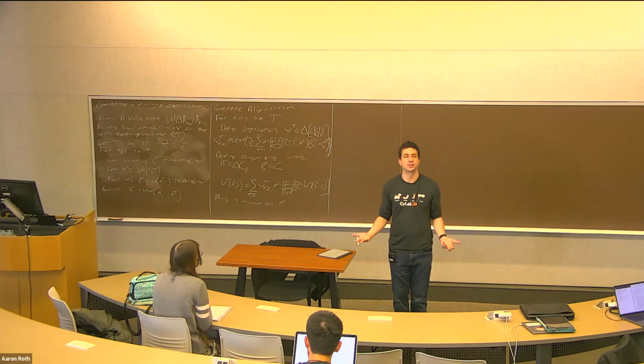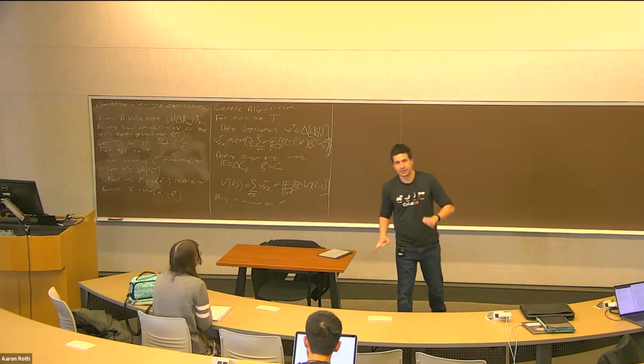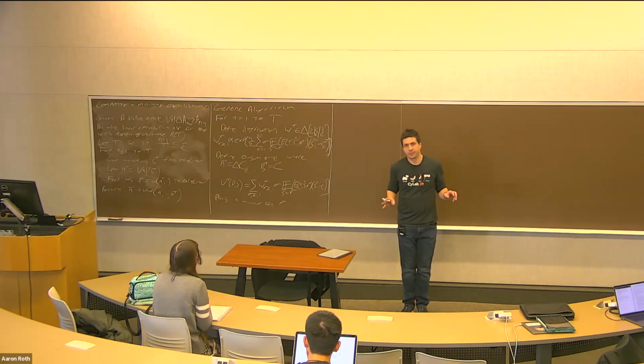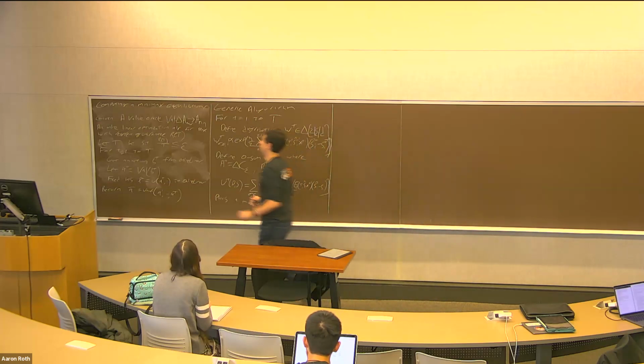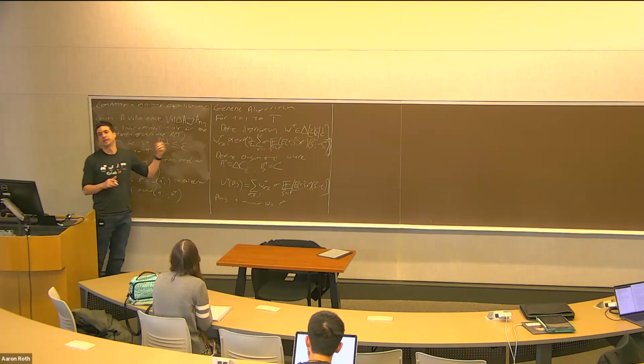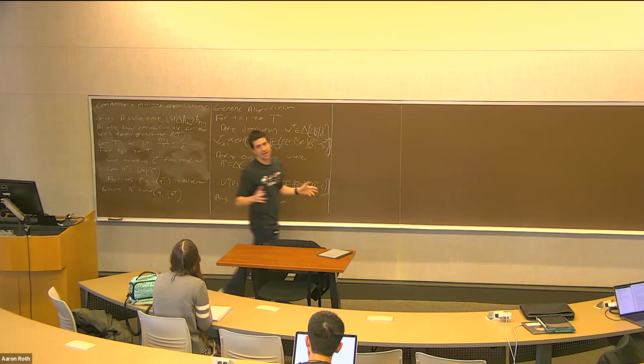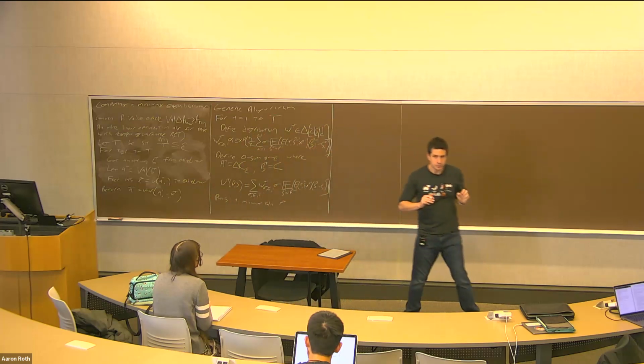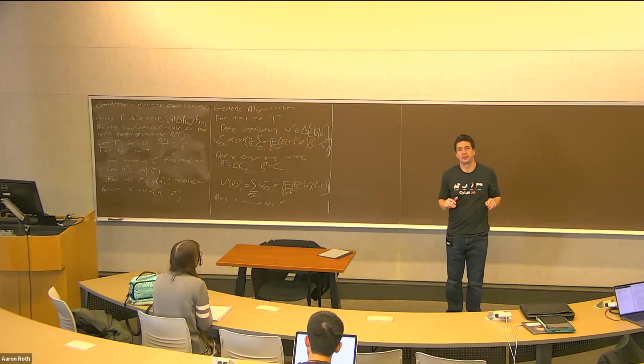In this case, 1 over epsilon squared. Right? It means there's no dependency here on the number of actions, or maybe the regret guarantee will depend logarithmically on the number of actions of the adversary, but it's independent of the number of actions of the learner.